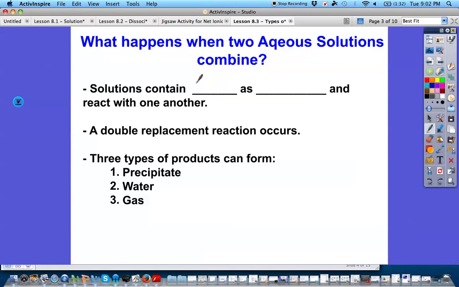So the solutions, remember, they contain particles, and those particles are in the form of ions.